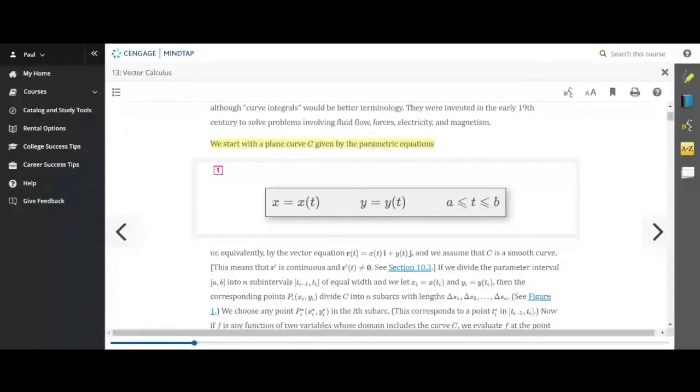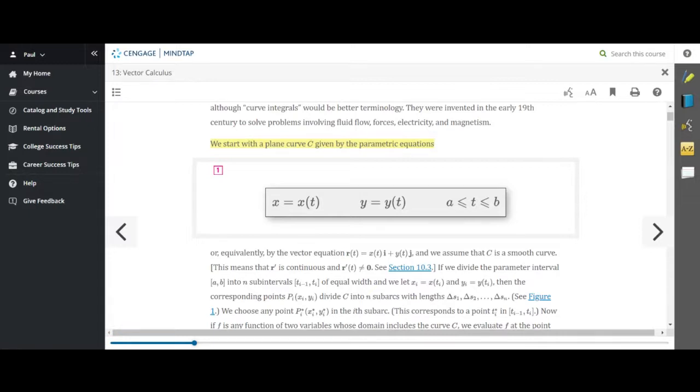So there are parametric equations for a particle moving in two-dimensional space. And if we wanted a particle to move in three-dimensional space, we would just have three parametric equations. So everything I'm going to talk about here is applicable to line integrals in three-dimensional space.